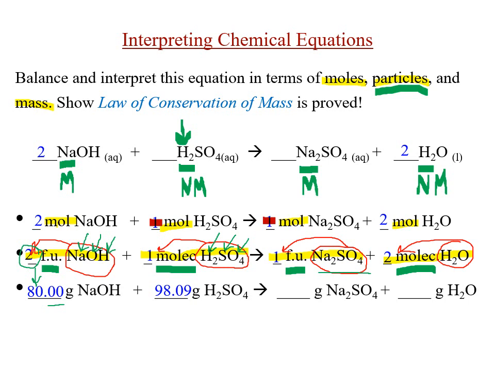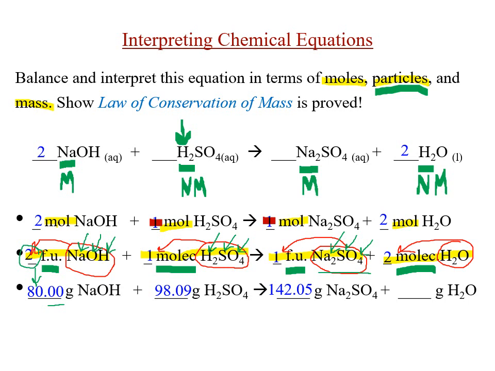Sodium sulfate is the addition of 2 sodiums, 1 sulfur, and 4 oxygens. If you didn't do that, pause the video, go add it up, and come back when you have an answer. Are you ready? Here's the molar mass for sodium sulfate, 142.05. Hopefully you're going cha-ching because you got that right.